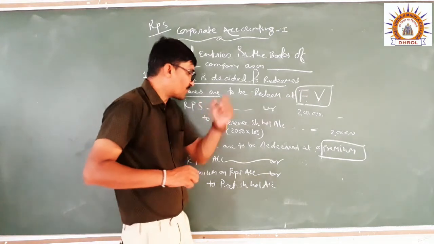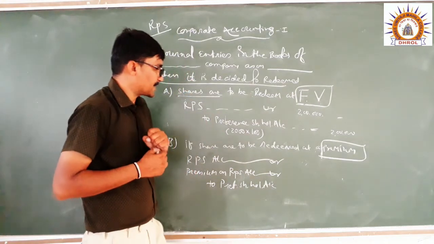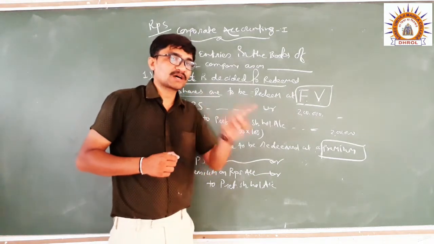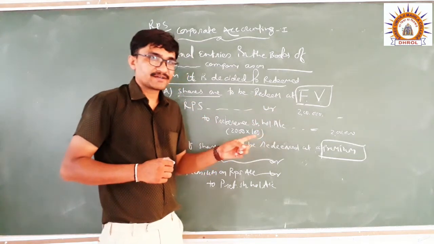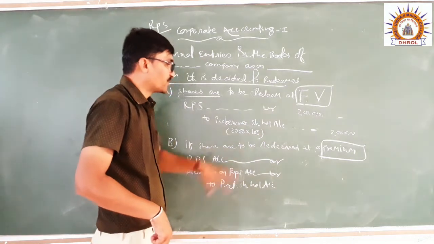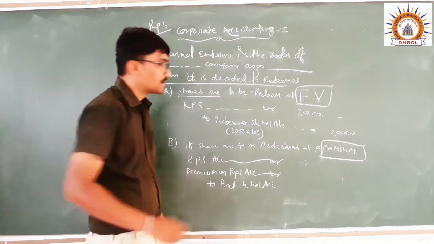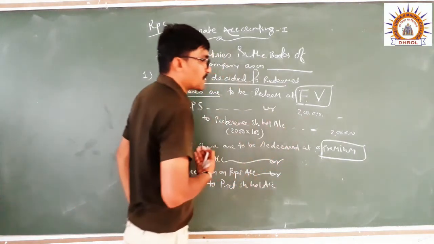Suppose the information given is that the company redeemed 2000 preference shares, each of rupees 100, at a premium of 5%. Now the amount has changed.